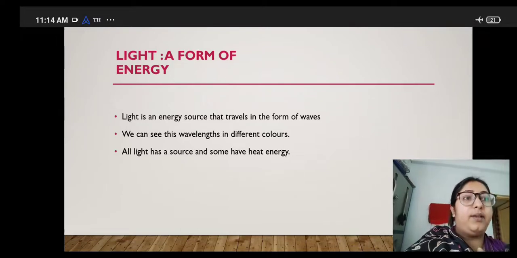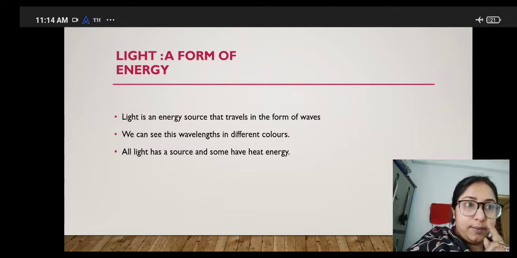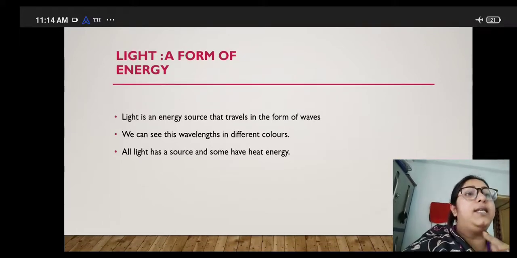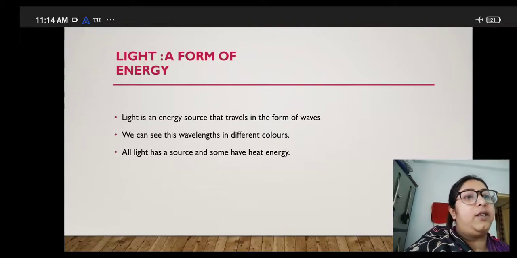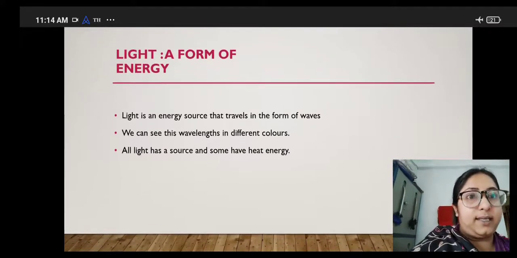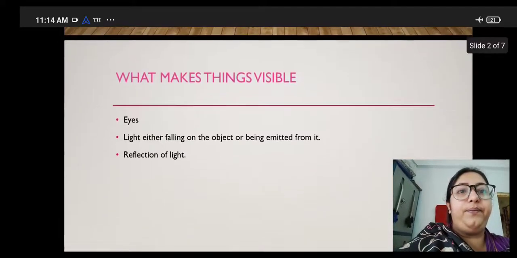As I already told at the start of the slide, energy is converted from one form to another. Similarly, when we touch the bulb, we can feel some heat energy. That means due to the light, some heat is getting developed. So let's move to the next slide and know more about light.